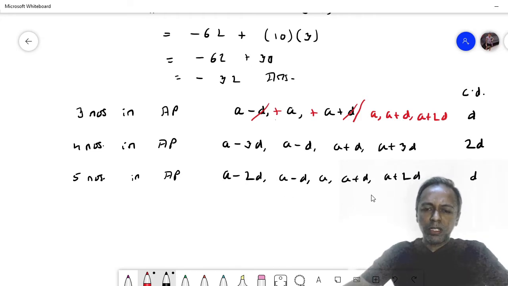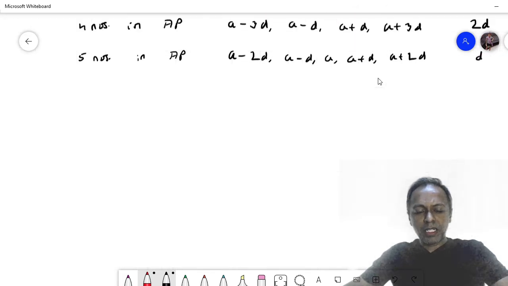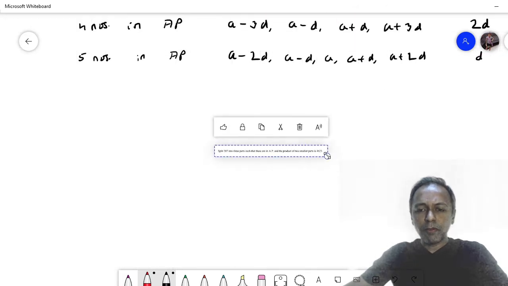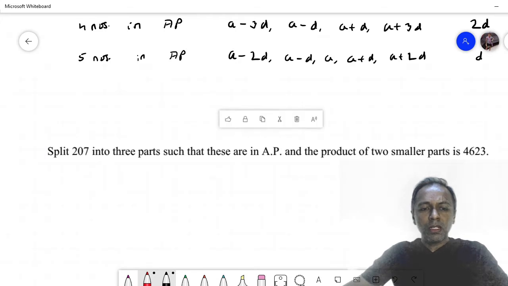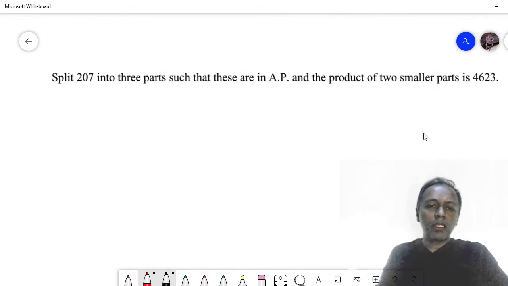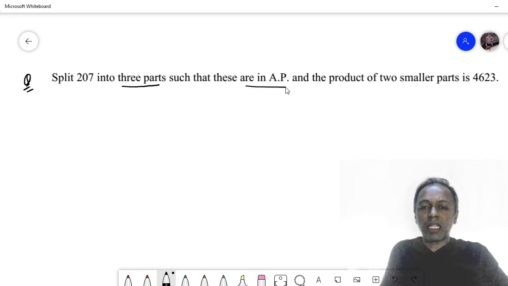More data means some more information will be given in the question. Let us take a question for three numbers. The question is: split 207 into three parts such that these are in AP. Because there are three parts, we can use A minus D, A and A plus D. They have said split 207, so you have a total of 207 which has to be split into three numbers.